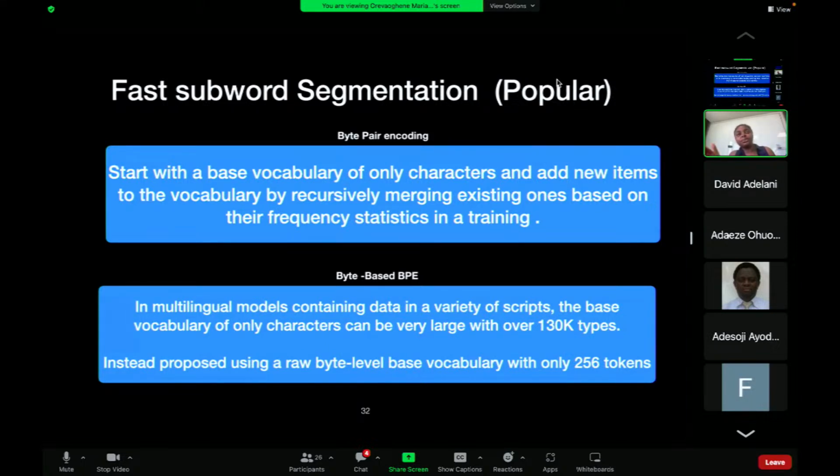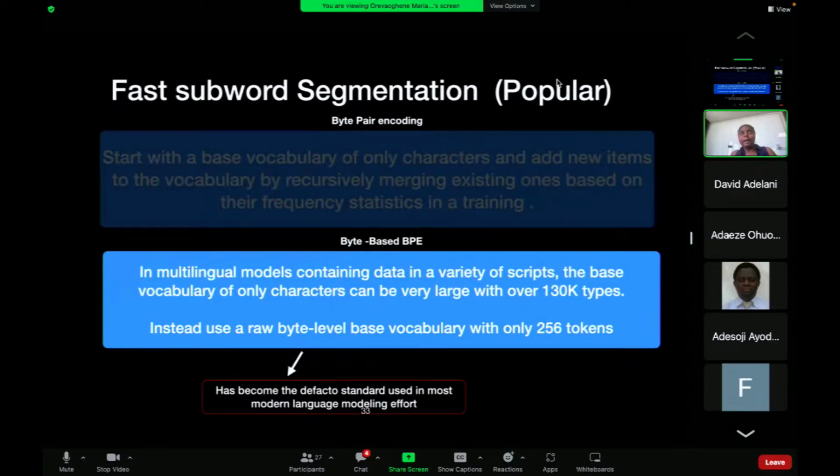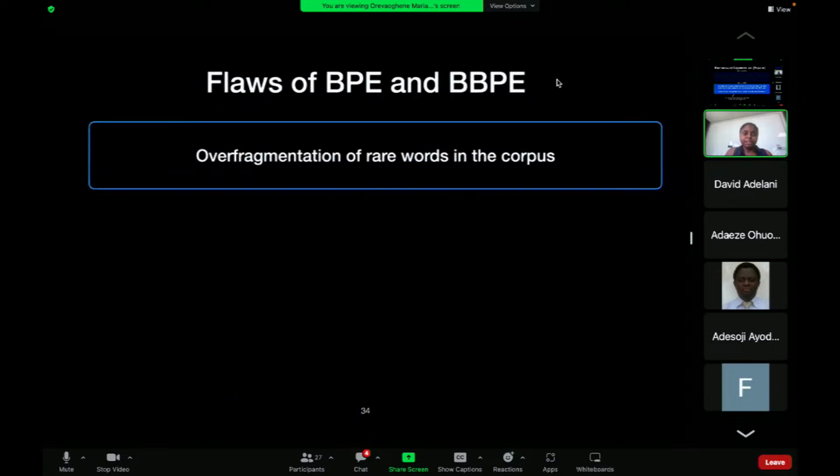So you're limited to 256 tokens, and every text could be represented as bytes. This is good because you can train on Latin script languages, and at test time your model is still able to process text in, say, Arabic script, because the model has probably learned representations over bytes. This has become the de facto standard used in most language modeling efforts.